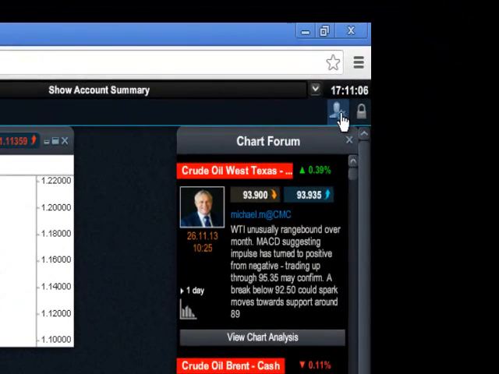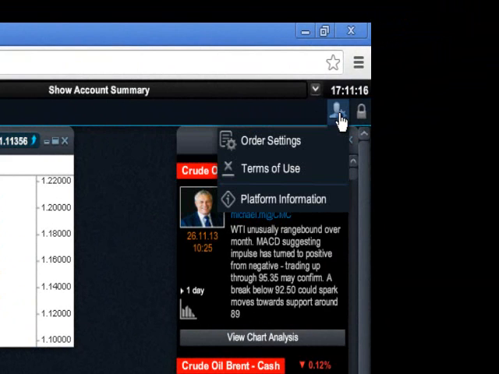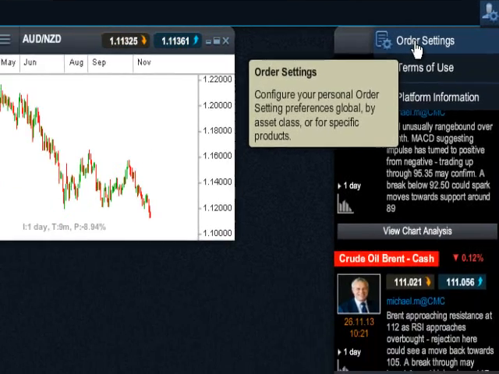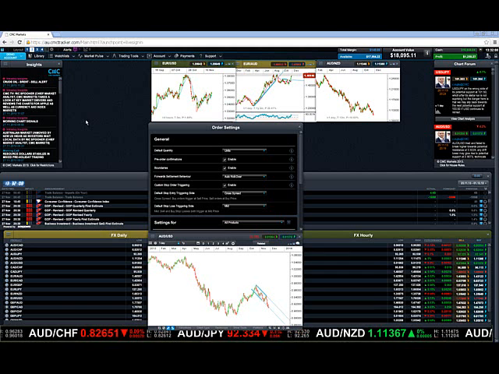That can be done up in this little icon in the top right hand corner of the chart on the toolbar, user preferences. If I click on that, one of the alternatives I have is order settings, and there are a number of things I can do with stop losses if I choose to increase my flexibility and time management.